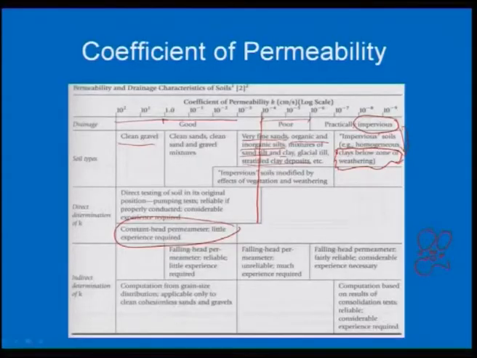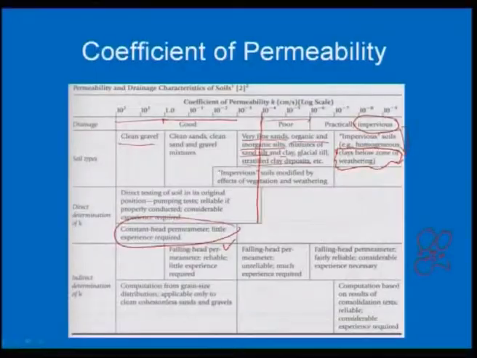Now for the other part of the soil, how do we find it out? This is for clean gravel, clean sand, you can find it out in the field by means of pumping test or by means of constant head permeability test. Now indirectly, how do you find it out in the laboratory? For soils with coefficient of permeability varying from 1.0 to 10 to the power minus 9, the falling head permeameter, though this is unreliable, you can use in the laboratory.